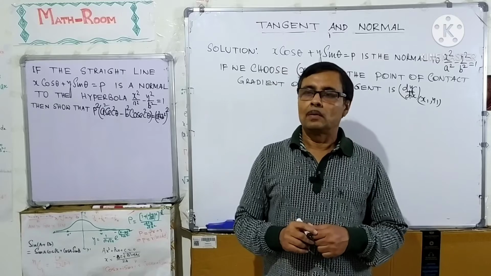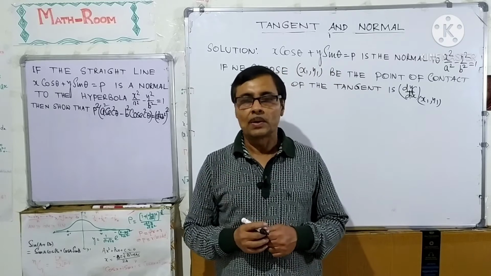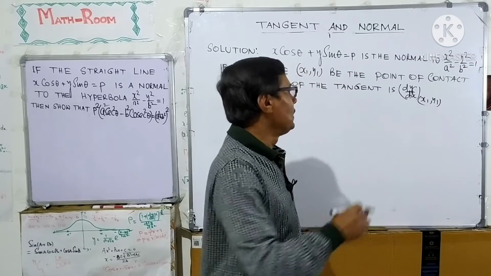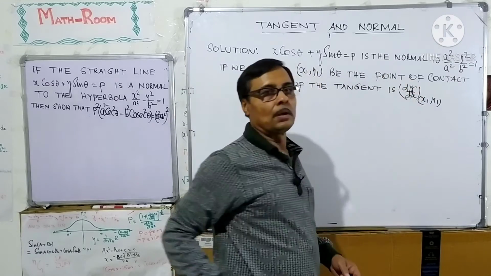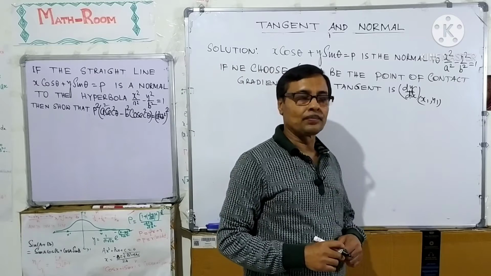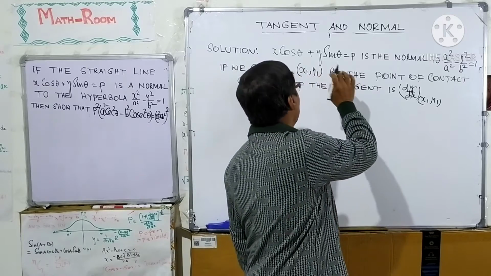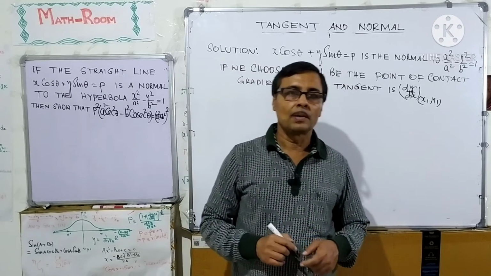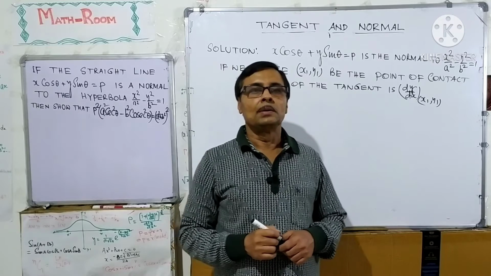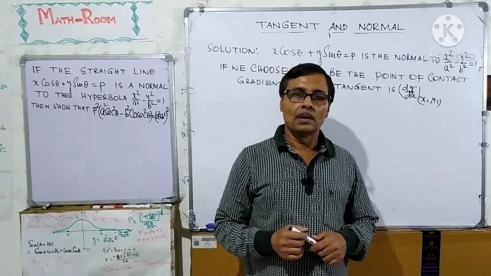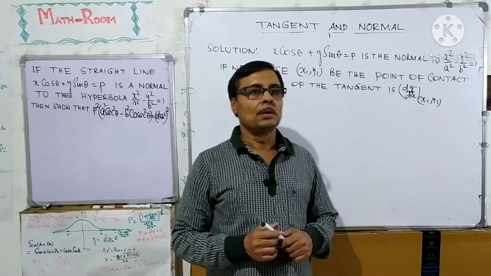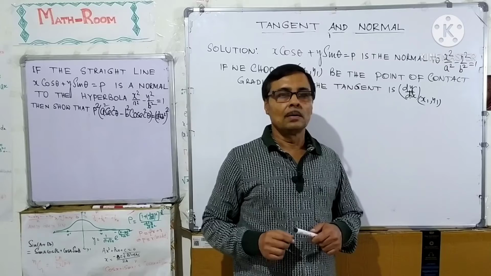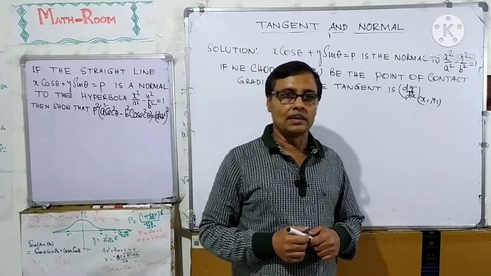Normal and tangent are mutually perpendicular. So, the gradient of normal is the negative reciprocal of the gradient of the tangent, because tangent and normal are mutually perpendicular. So, the product of their gradients is minus 1.